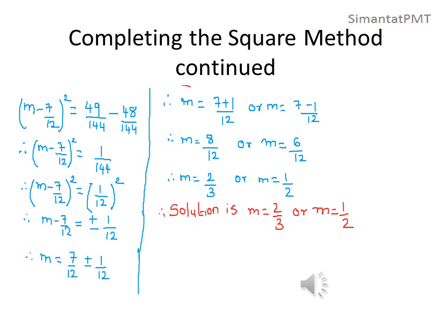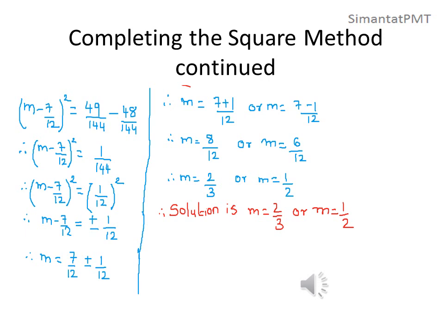Now taking square root of both the sides, we get m minus 7 upon 12 equal to plus or minus 1 upon 12. Minus 7 upon 12 on the left hand side goes to the right hand side, becomes positive. So we get m equal to 7 upon 12 plus or minus 1 upon 12.